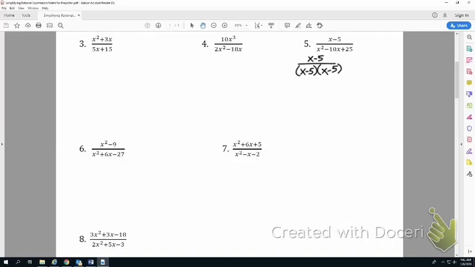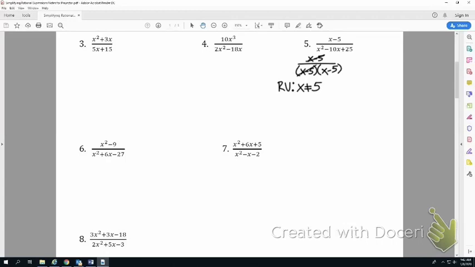We've already factored that. Okay, so on this problem, what would my restricted value be? Positive 5. Do I need to write it twice? Just once. Okay. Does anything cancel? Yes.